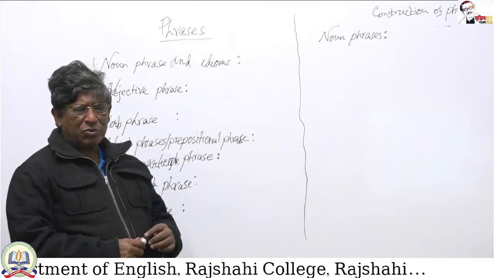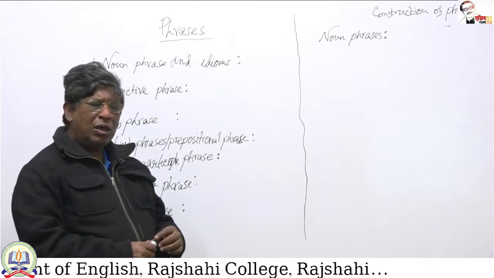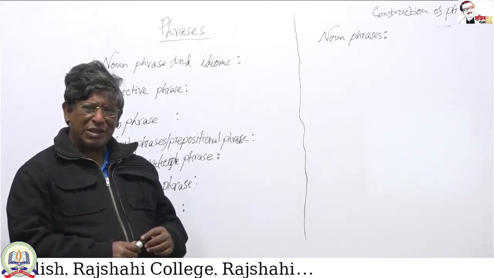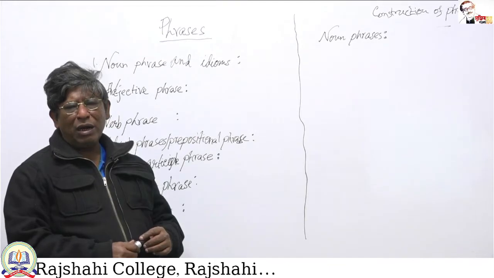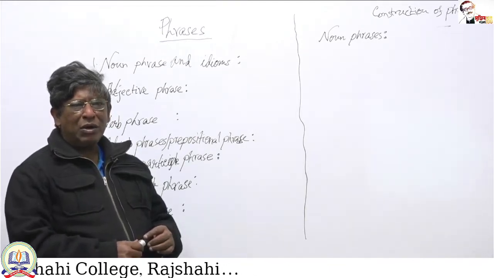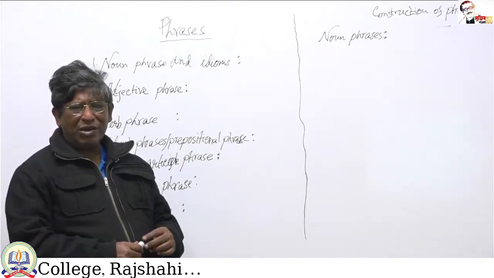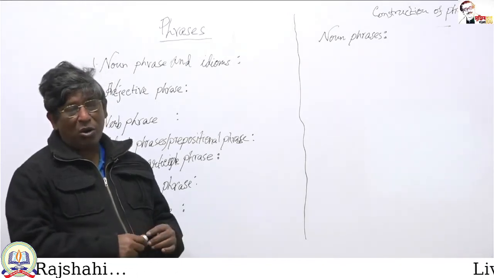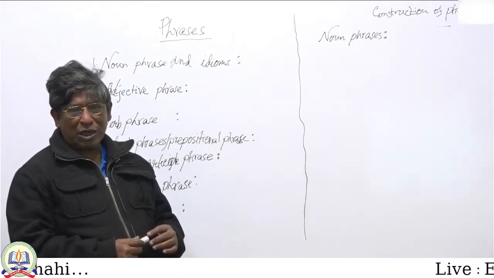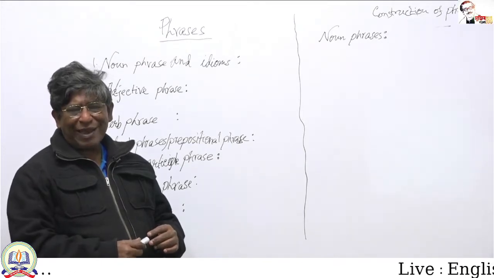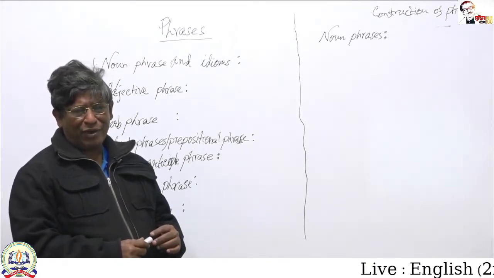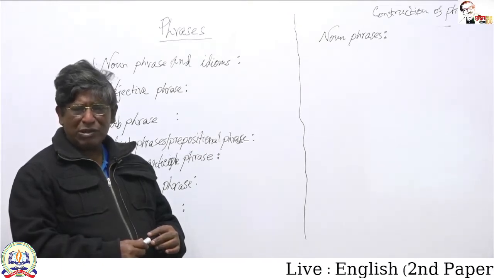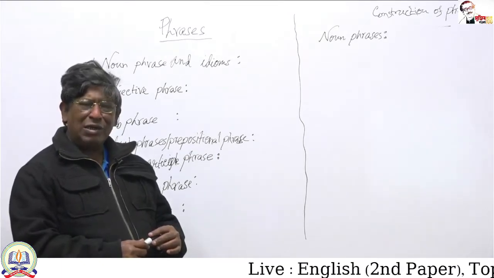But as you know, Rajshahi College always takes care to keep its students in touch with the academic activities. Once again, we have arranged online classes so that the students can benefit from the classes that we, the teachers of Rajshahi College, are taking.